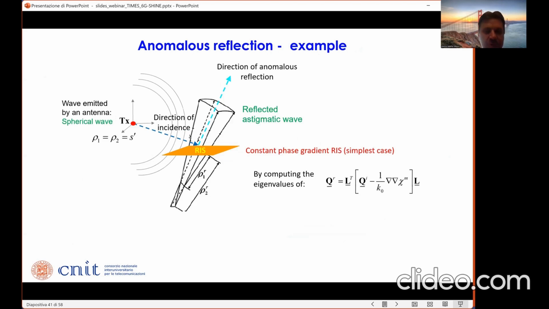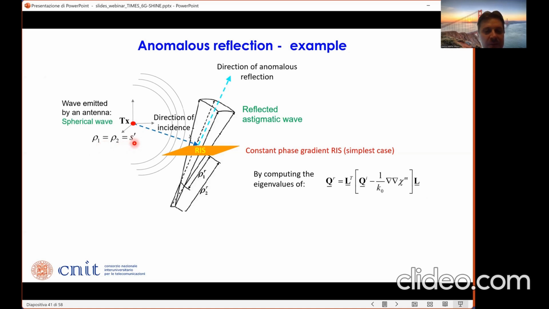As an example, I want to show you what happens in the very common case of a transmitting antenna, which emits in general a spherical wave. When we have a spherical wave, in practice, the two principal curvatures of the astigmatic wave coincide, they are the same.